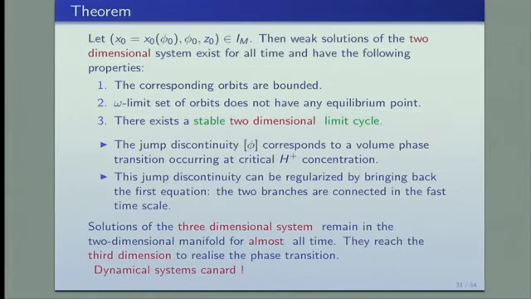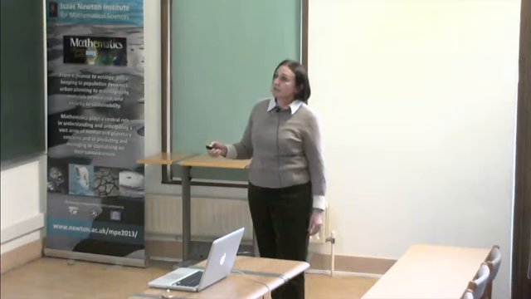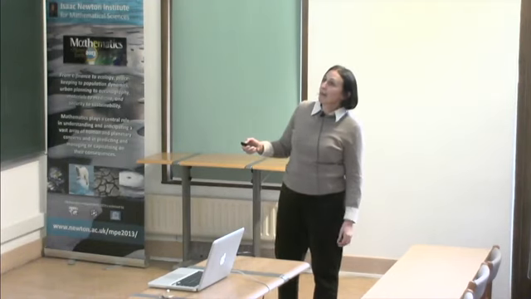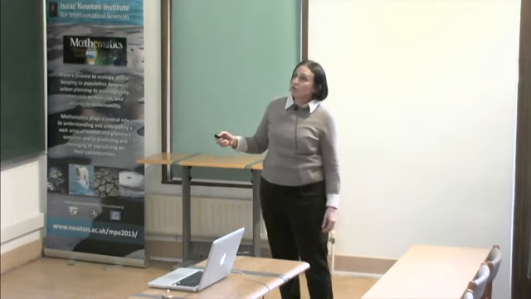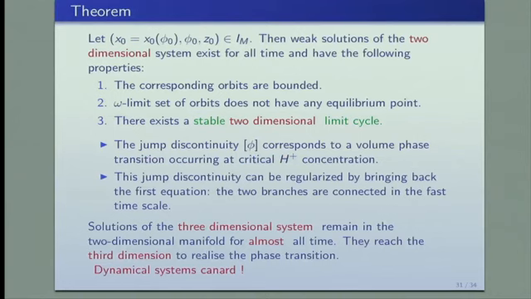Now here's my theorem. If we take initial data, again in the two-dimensional manifold, then weak solutions of the two-dimensional system exist for all time and have the following properties. Their orbits are bounded. That follows from the previous theorem. The omega limit sets of these orbits do not have any equilibrium point. And of course, as a consequence of these two, there exists a stable two-dimensional limit cycle.